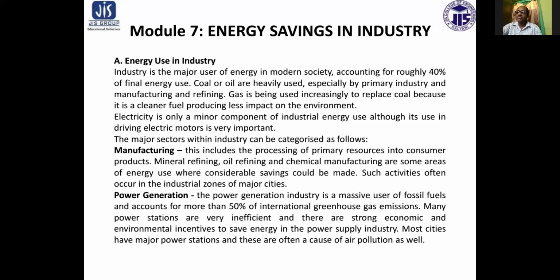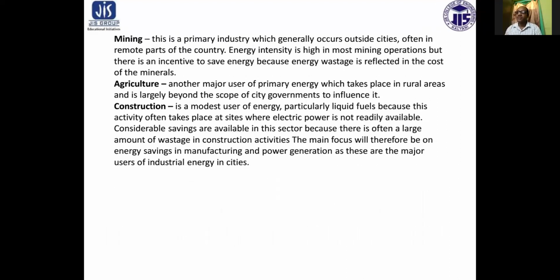Most cities have major power stations, and these are often a cause of air pollution as well.